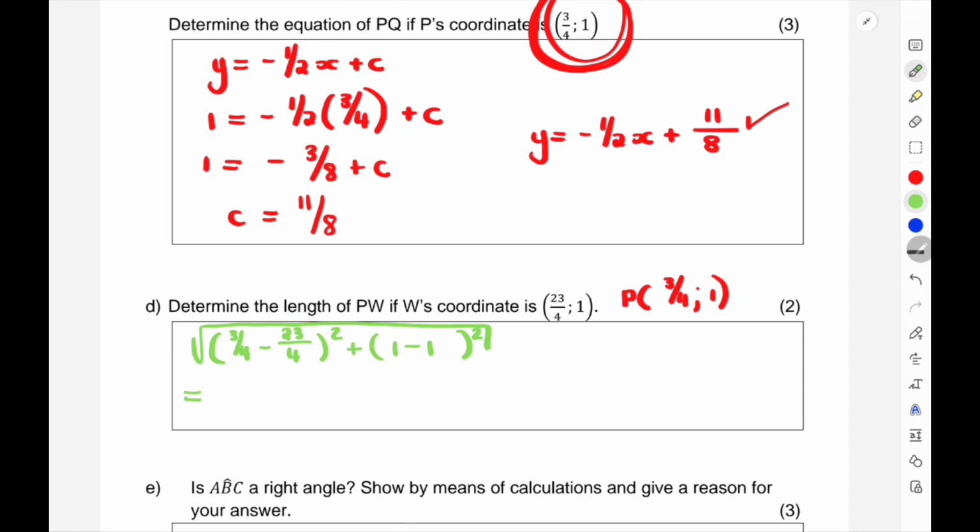That gives you 3 divided by 4 minus 23/4 squared, which gives you 25. The square root of 25, and 1 minus 1 is 0. 0 squared is 0. Square root of 25 is 5 units.